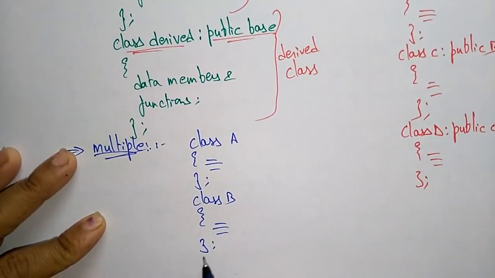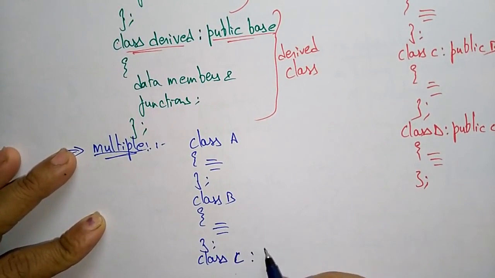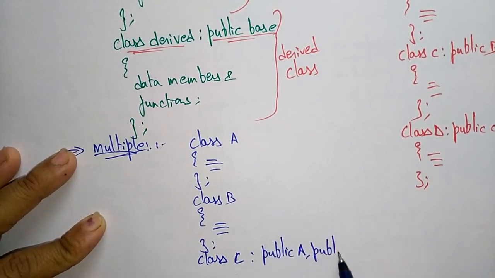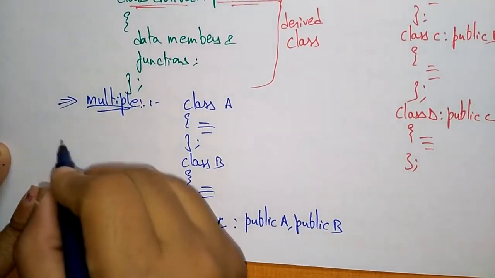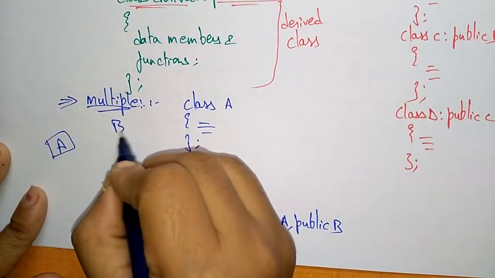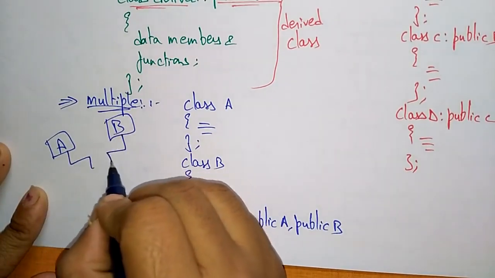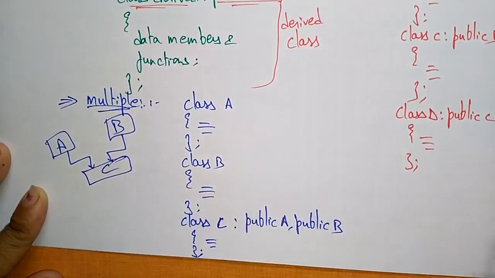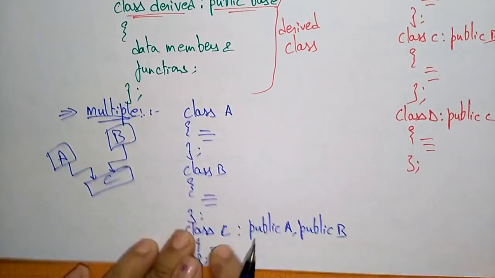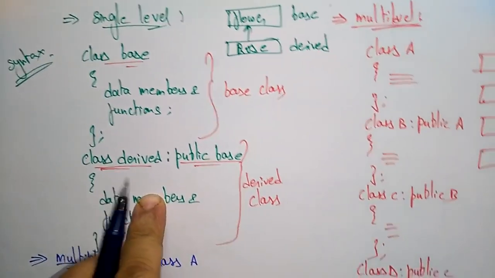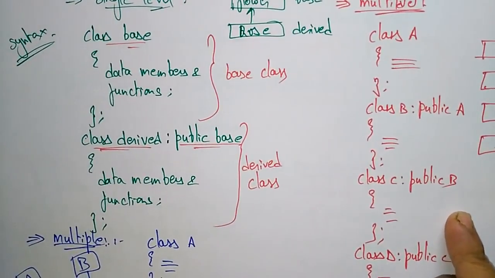Now you have to inherit the properties: class C colon public A comma public B. This is the way you write multiple inheritance. Here A and B are both inherited by class C. Okay, so this is how you write the program for multiple inheritance, single level inheritance and multi-level inheritance. Thank you.